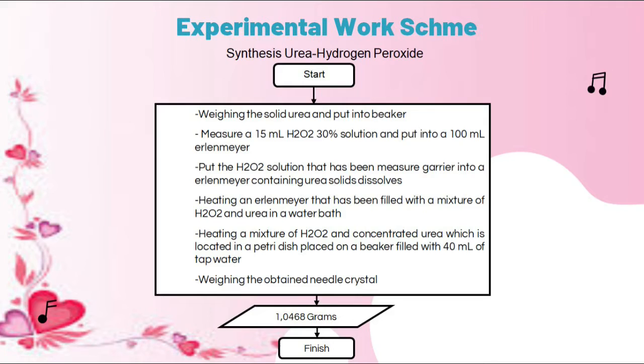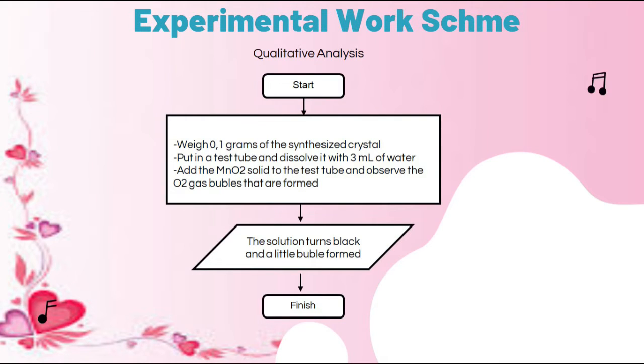Then heat the mixture of H2O2 and concentrated urea in a petri dish placed on a beaker with 40 ml of tap water, and weigh the crystal obtained, 1.0468 grams. Finish.